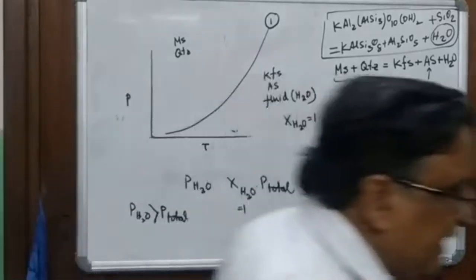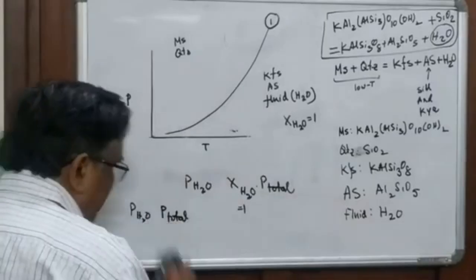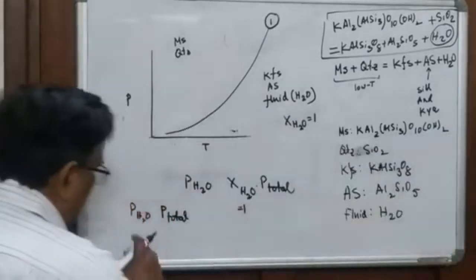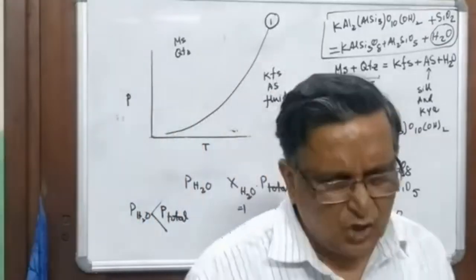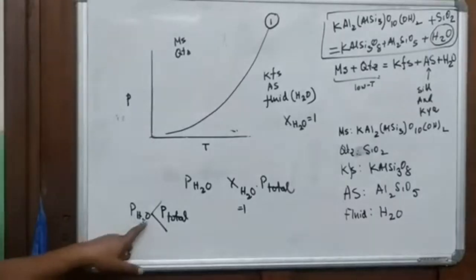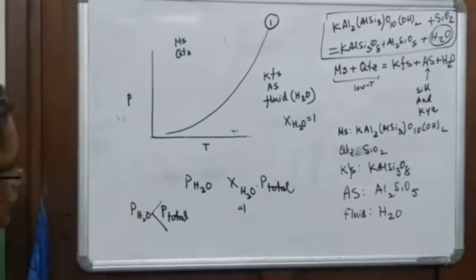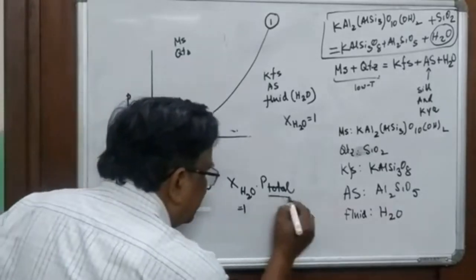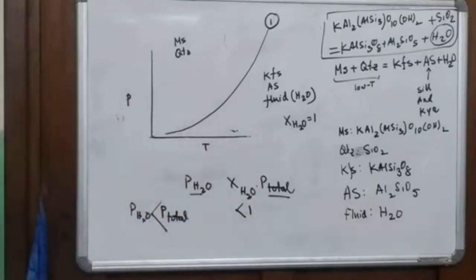But there is no harm if pH2O is less than P total, as has been reported and calculated from many terrains all over the world, especially high-grade terrains. If that has to happen, then XH2O will be less than 1.